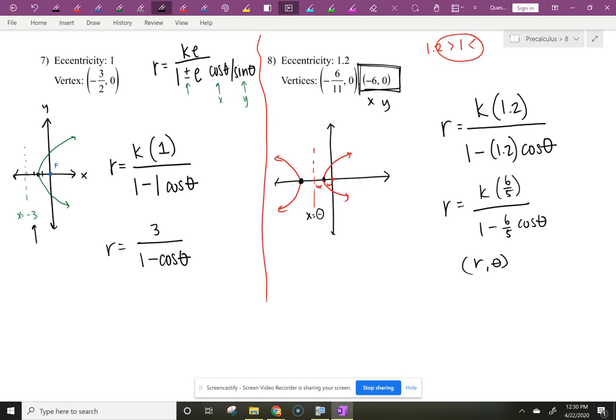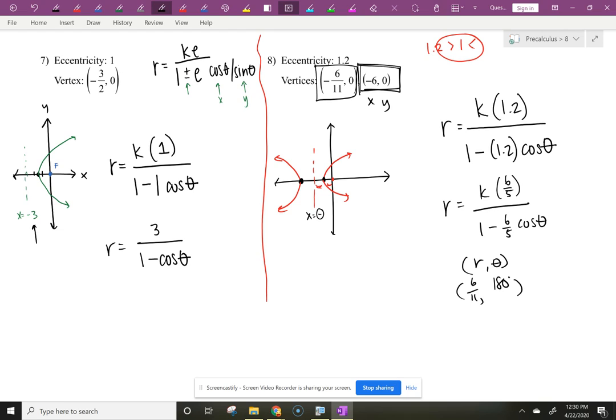In fact, I think I'd rather use the 6/11 because it's closer to the origin and it's the one that I'm talking about. So I'm probably going to have to use this. Bummer. But again, not a big deal. The angle would be 180 degrees and the value would be 6/11, right? That would be the value because if you look at 180 degrees, you would go out 6/11. And so I could use that as my point on the graph.